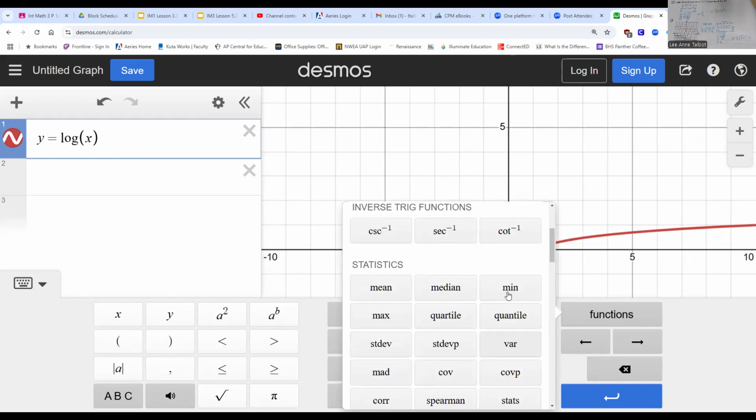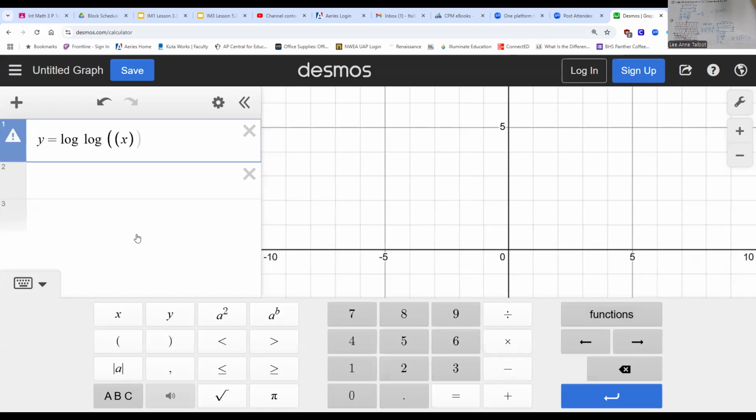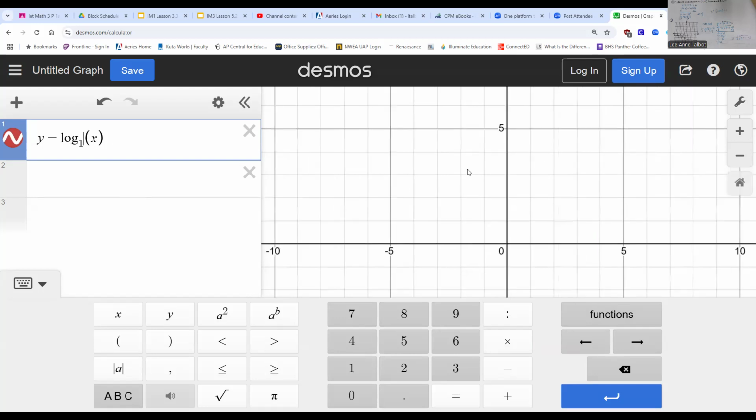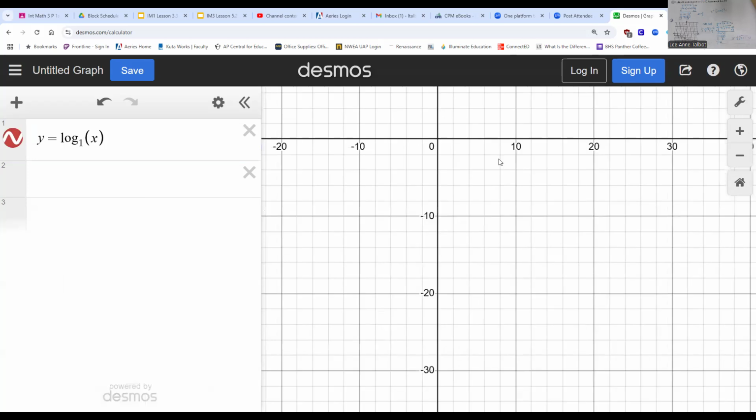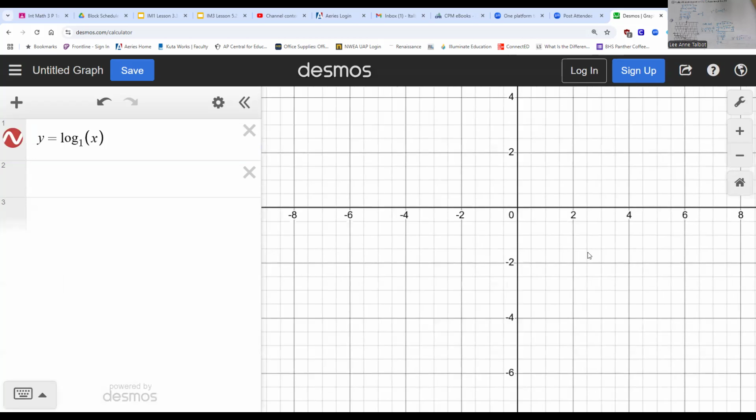I love you, Desmos, most of the time, but right now, killing me. Oh no. Oh geez. Hmm. Where'd it go?